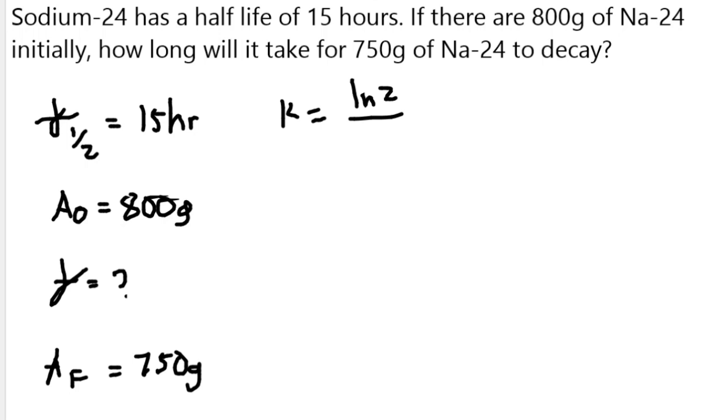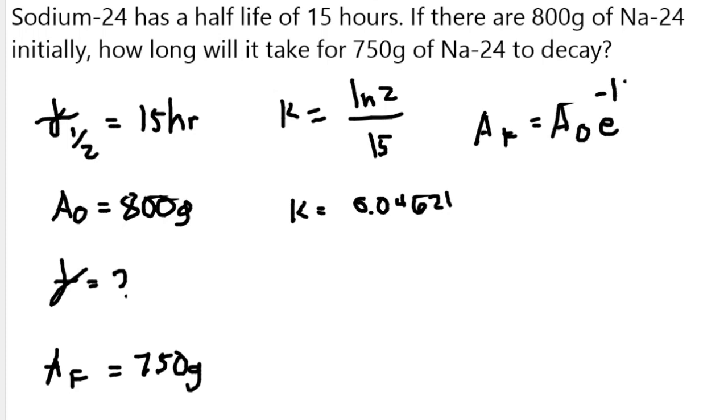First, let's calculate the rate constant. That's going to be 0.04621. Now we can plug it in here and solve for t.